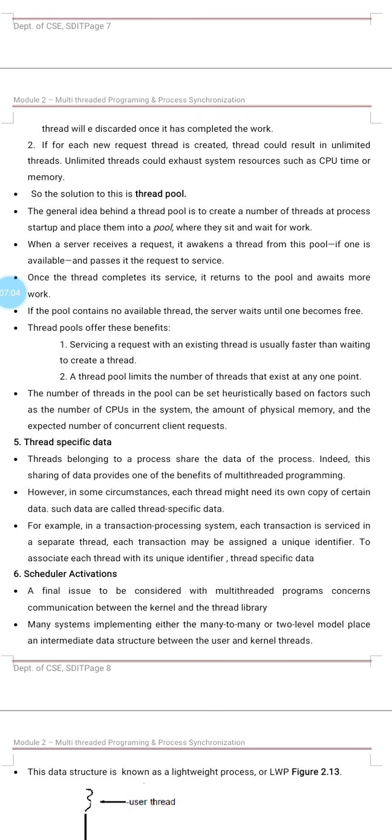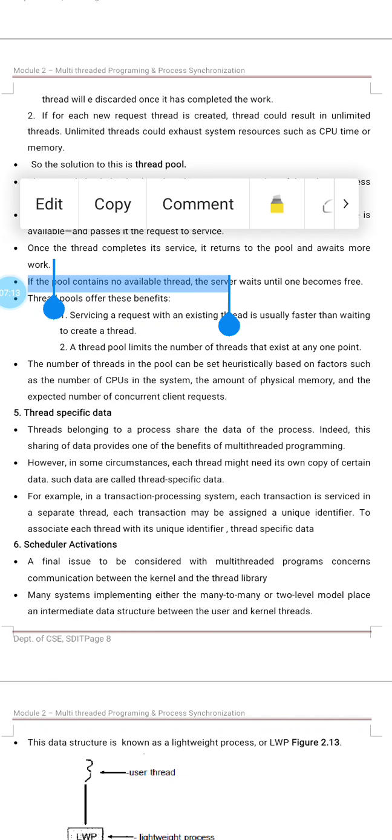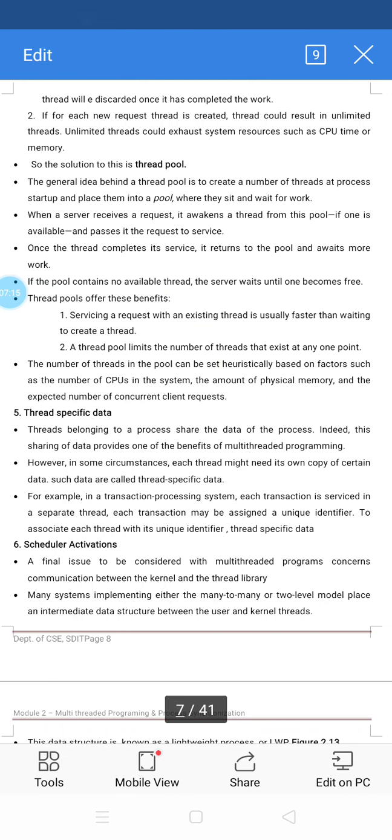The number of threads in the pool can be based on factors such as the number of CPUs, the amount of physical memory, and the expected number of concurrent client requests.